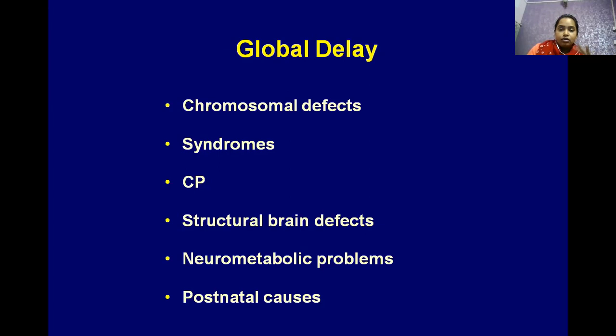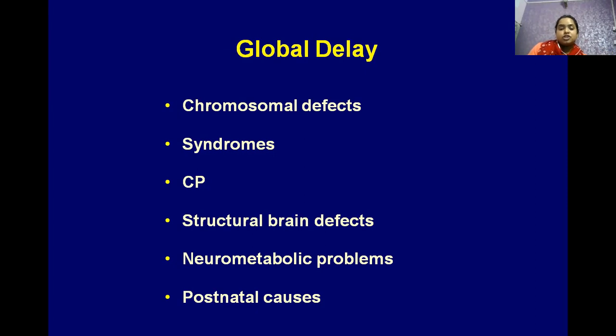So global delay causes: one of the most important causes is chromosomal defect, and it may be some syndromes. It is important for cerebral palsy, structural brain defect. It may be instrumental delivery or ventouse delivery. So there is some defect in the brain, and oxygen does not properly reach the brain.